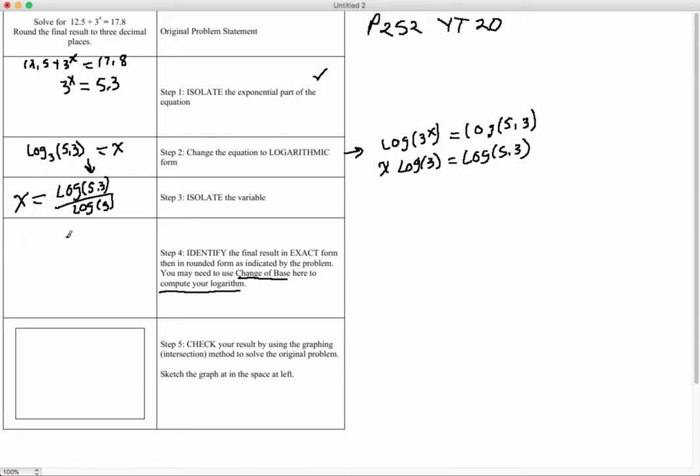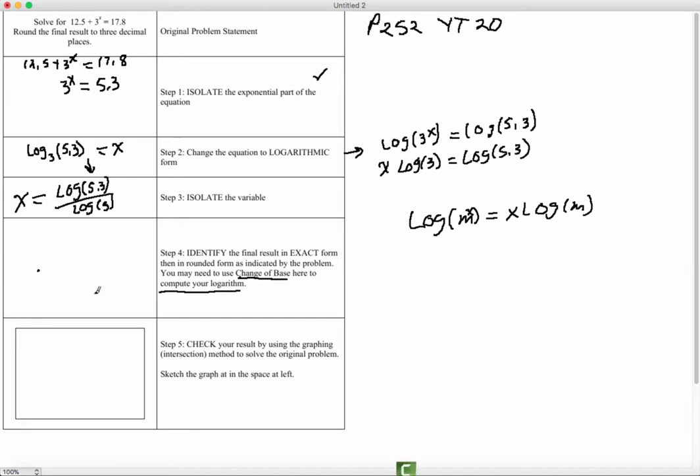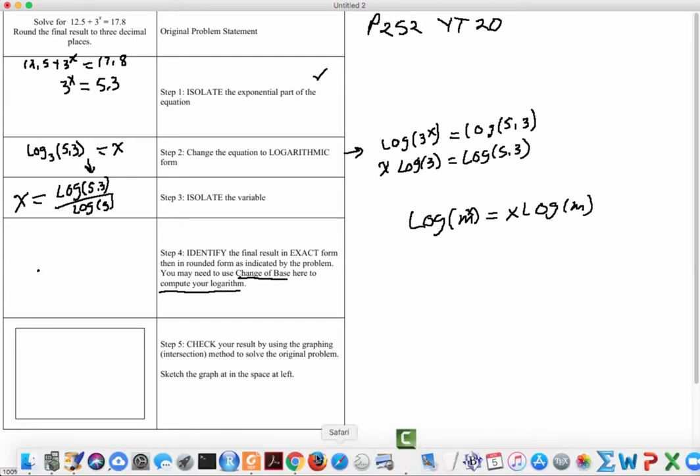You're typically going to see me, since I know I'm going to have to change base anyway, use the property of logarithms that says the logarithm of m raised to the x power is the same thing as x times the logarithm of m. I'm using common log because I've got that on my calculator and can push a button. So let's get my calculator out.